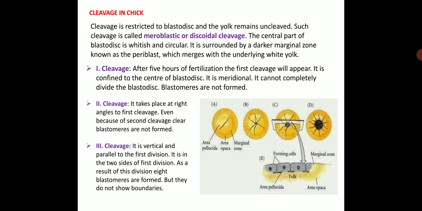Even with the second cleavage, clear blastomeres are not formed in the case of chick. The third cleavage is vertical and parallel to the first division, on the two sides of the first division. As a result of this division, 8 blastomeres are formed, but they do not show the boundaries.